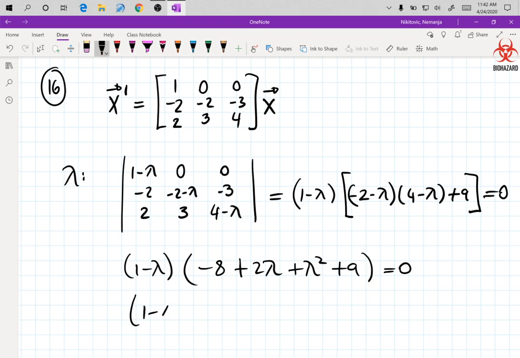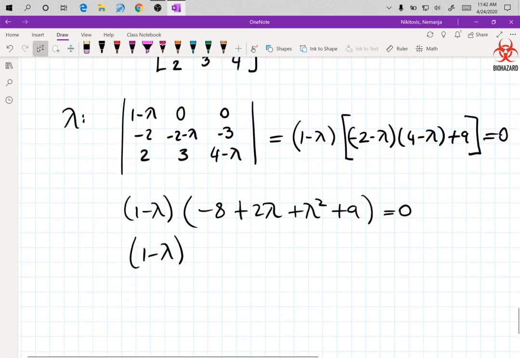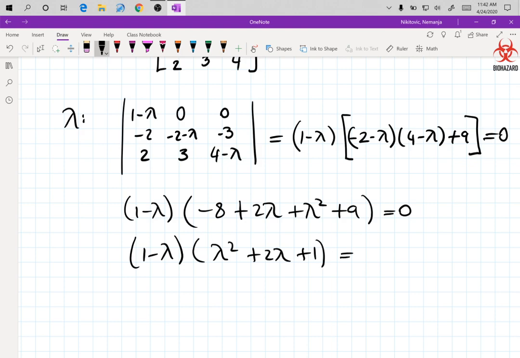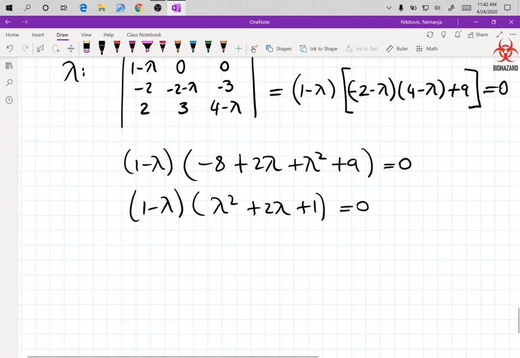And then I have 1 minus lambda. And this becomes lambda squared plus 2 lambda plus 1 equal to 0. And I have 1 minus lambda. And now, instead of multiplying and everything, look what I can do.